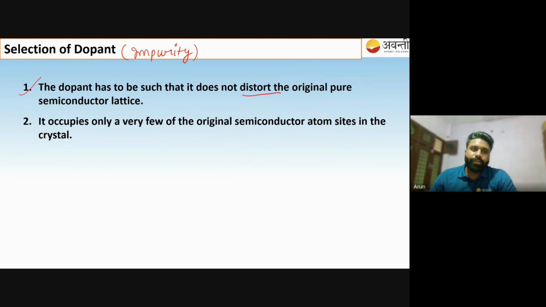The next point is it occupies only a very few of the original semiconductor atom sites in the crystal, which means we only add a few atoms of impurity to the original semiconductor. It is not that we fill it in heavily, only a little bit, very few.